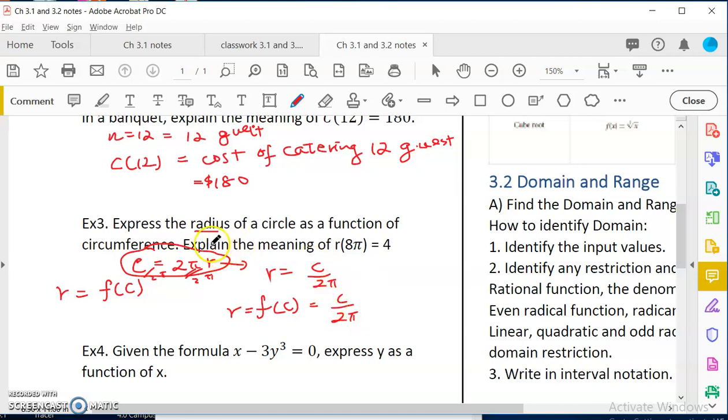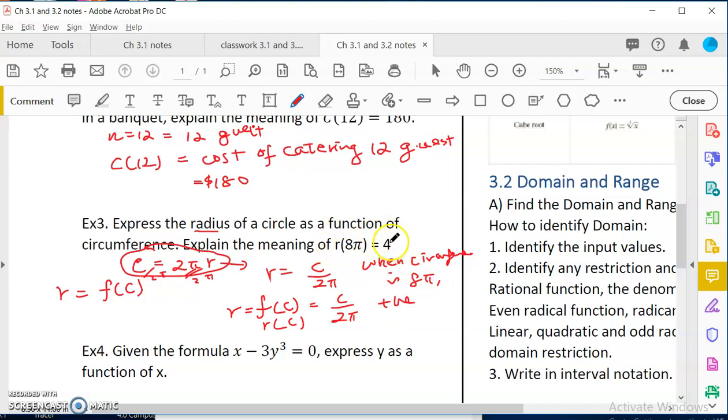Okay, so express the meaning of r of xπ. Sometimes we don't call it a different name. We call it r of C also. Some people use the same letter as the name of the function. So r of xπ means when the circumference is xπ, you plug in xπ.